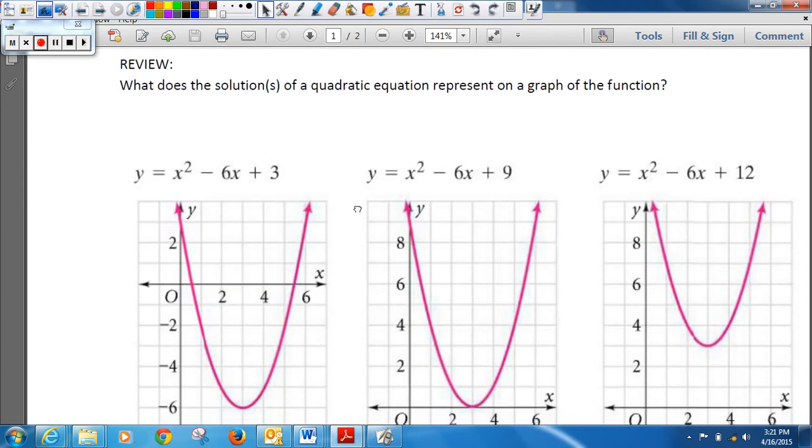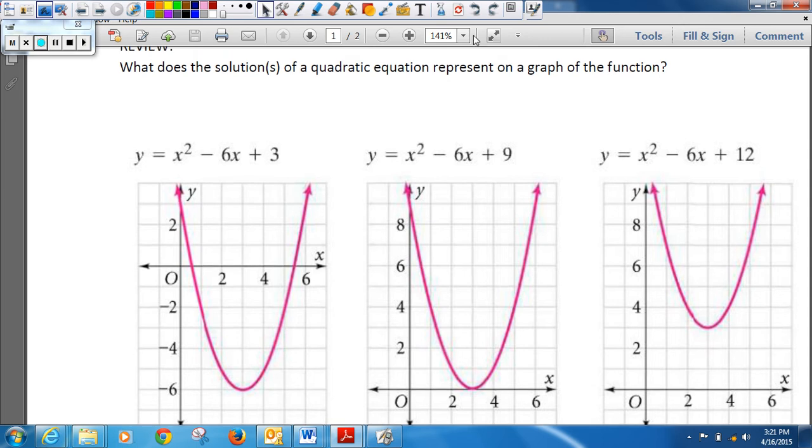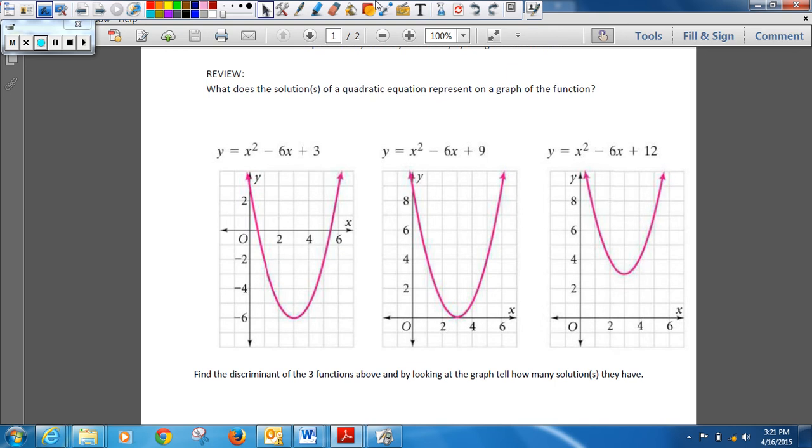If we look here, what does the solution of the quadratic equation represent on a graph of a function? On the graph of a function, it represents where it crosses the x-axis. So if I look at this graph here, it crosses the x-axis here and here.